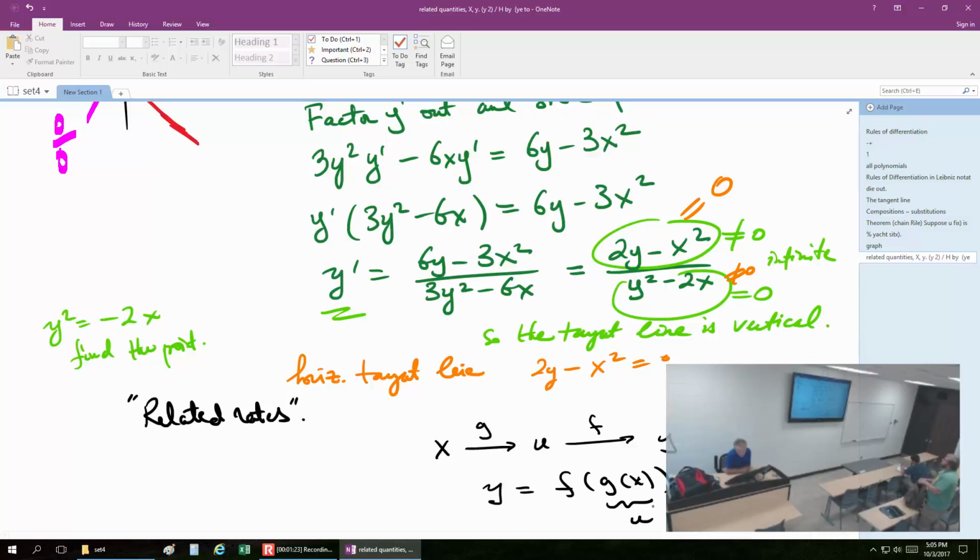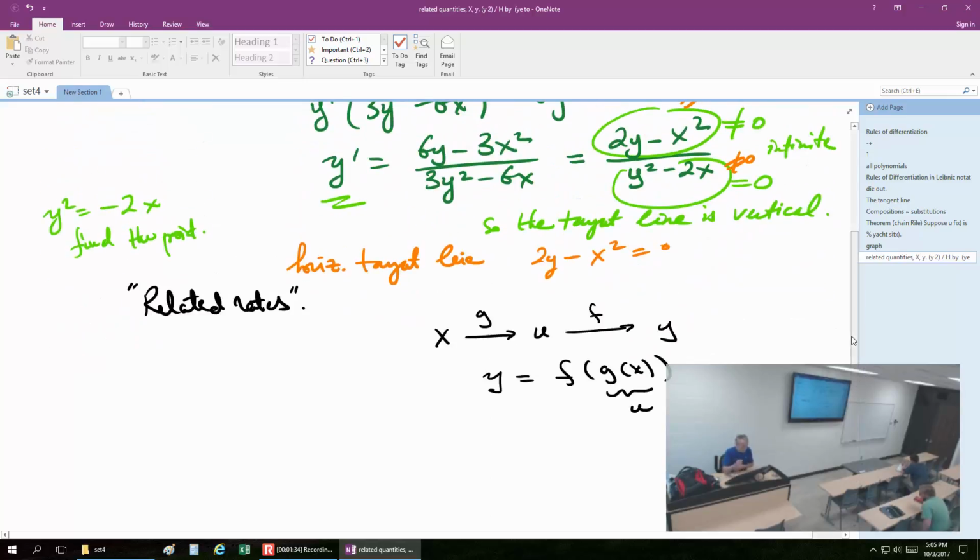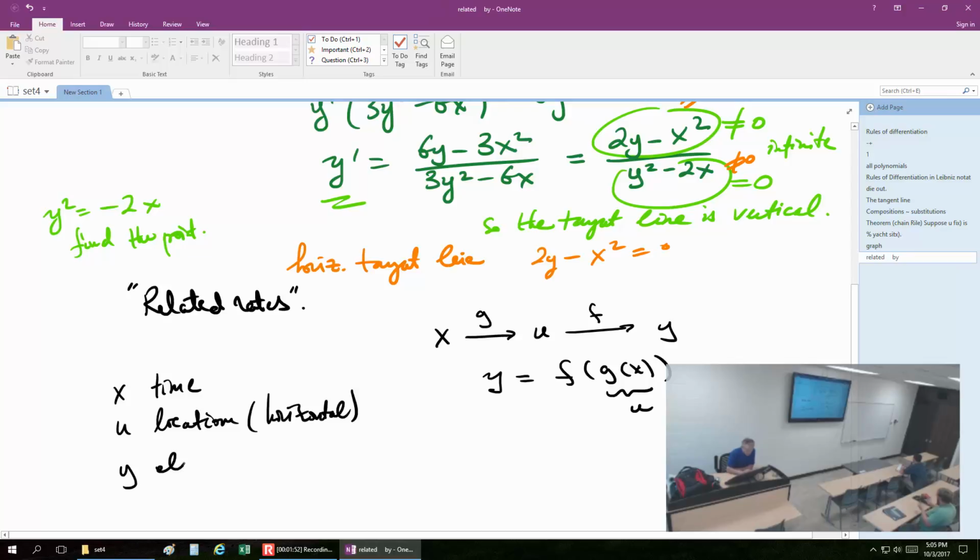Okay, so a typical example could be what we have seen. Remember that example of having the first function give you the horizontal motion. So x is time, and u is location, horizontal, and then y is elevation.